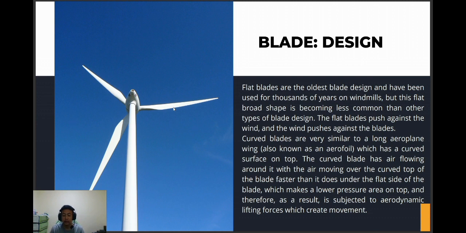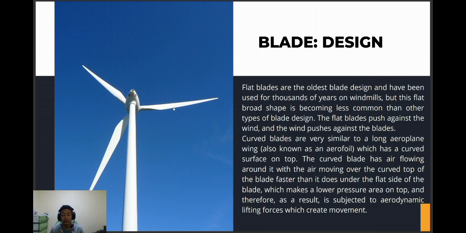These lifting forces are always perpendicular to the curved blade's upper surface, which causes the blade to move, rotating around the central hub. The faster the winds blow, the more lift that is produced on the blade. Hence, the faster rotation.